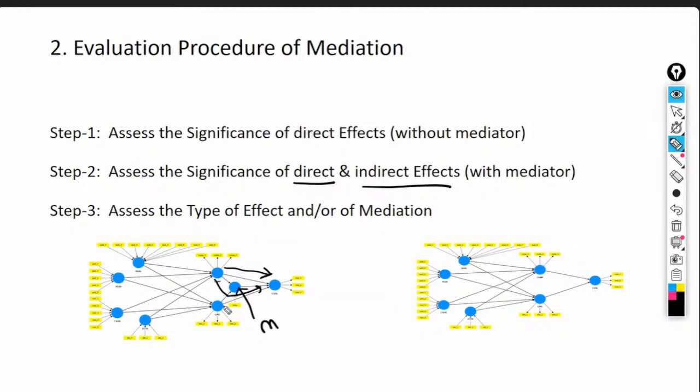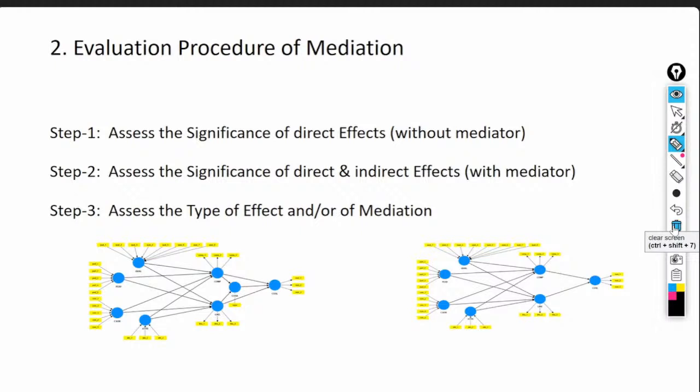For the other variable, this is the direct effect and this one is the indirect effect. So we will estimate direct and indirect effects, and then finally we will check whether the direct effect is significant or not. If the direct effect is significant and the indirect effect is significant, then it is partial mediation.